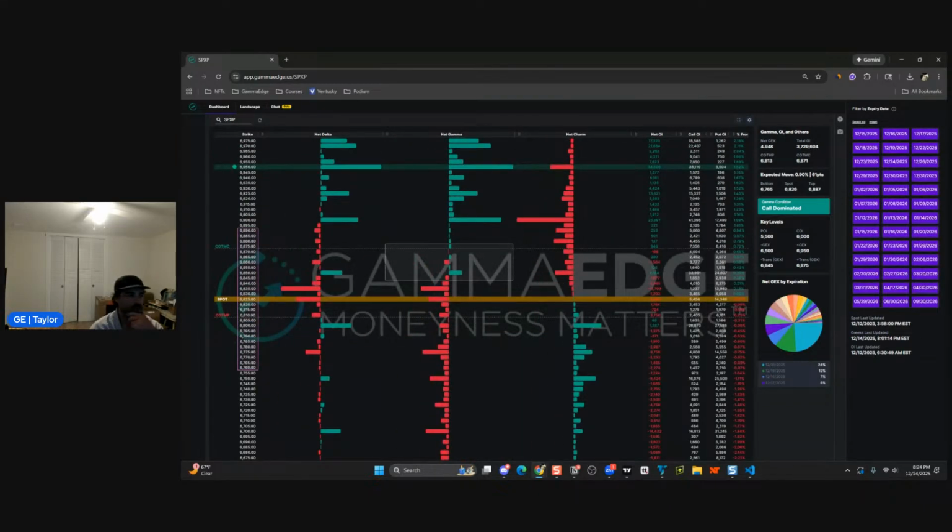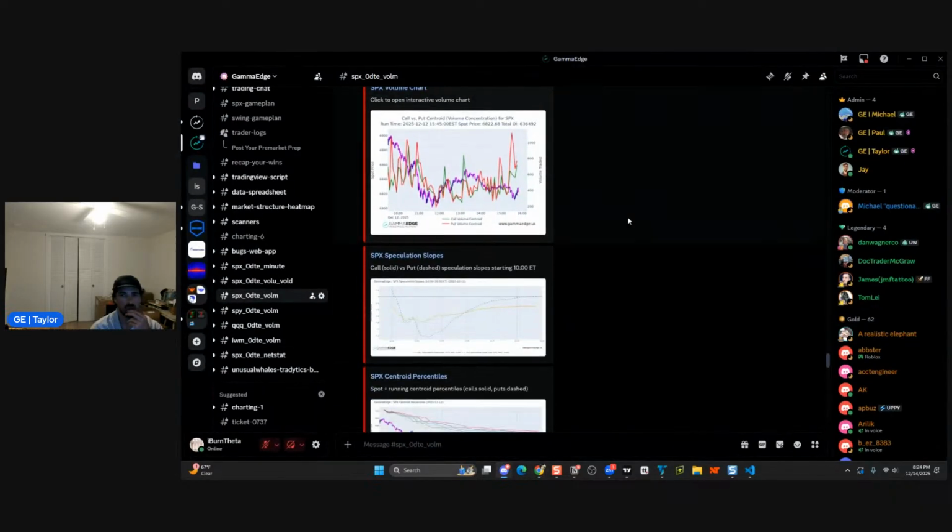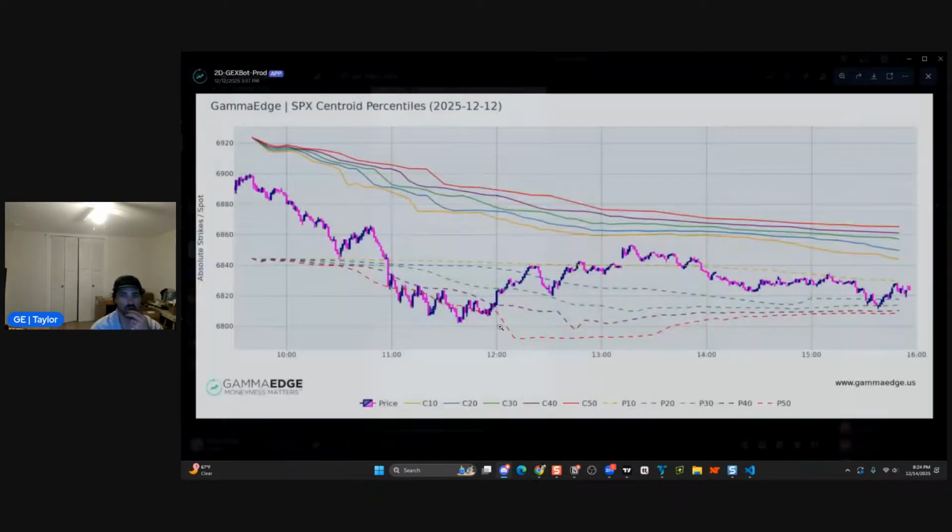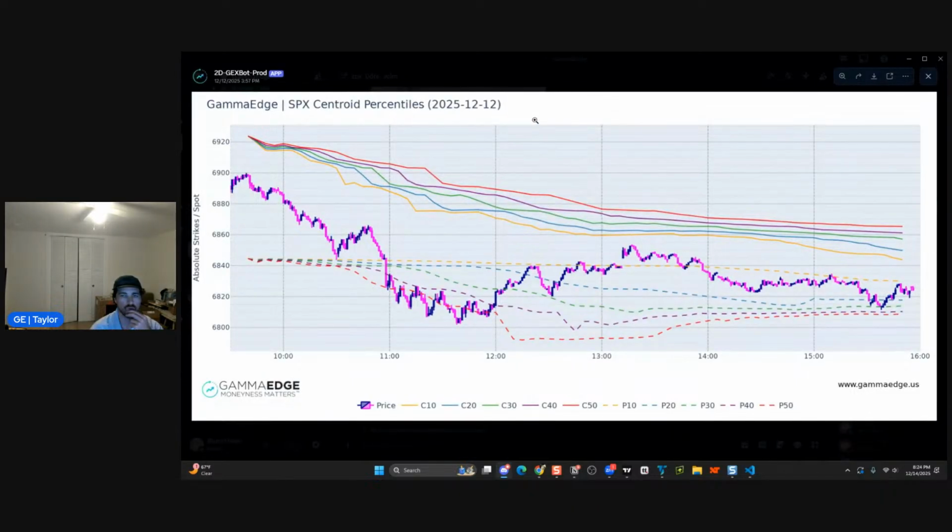Are there any questions that you guys have right now? Getting back to this chart too, right? This is one of the new commands we launched.